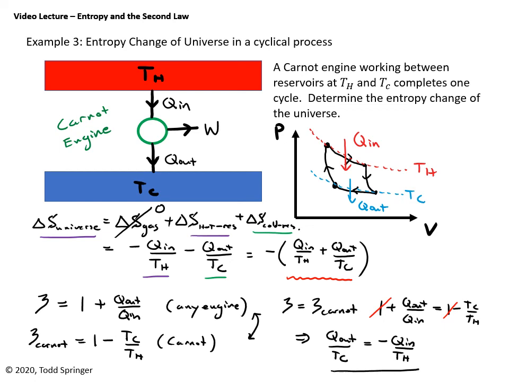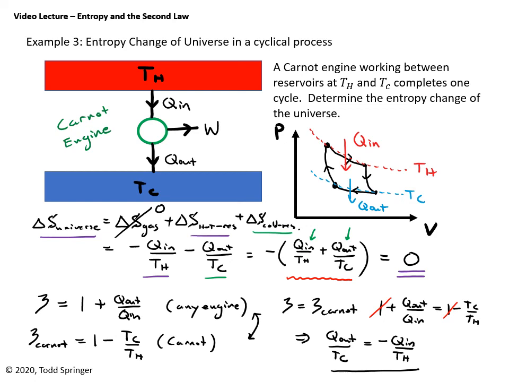Which means that this whole thing for the entropy change in the universe is 0, because I have exactly that combination. Qout over TC here is equal to minus Qin over TH here, so when I add those two together I get 0. So in this case, the entropy change of the universe is 0.